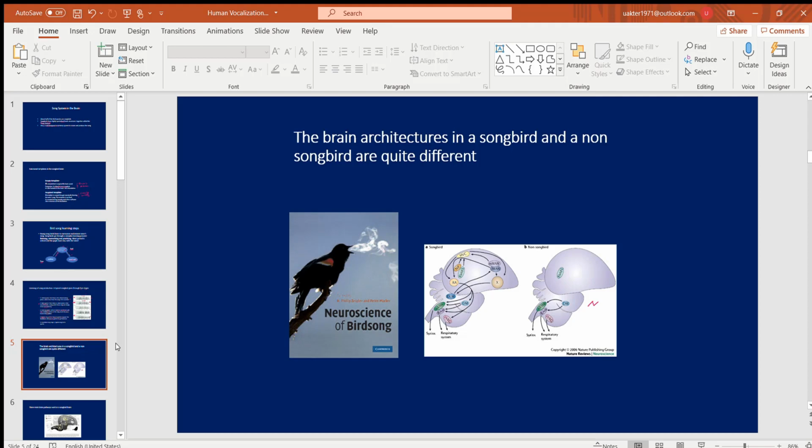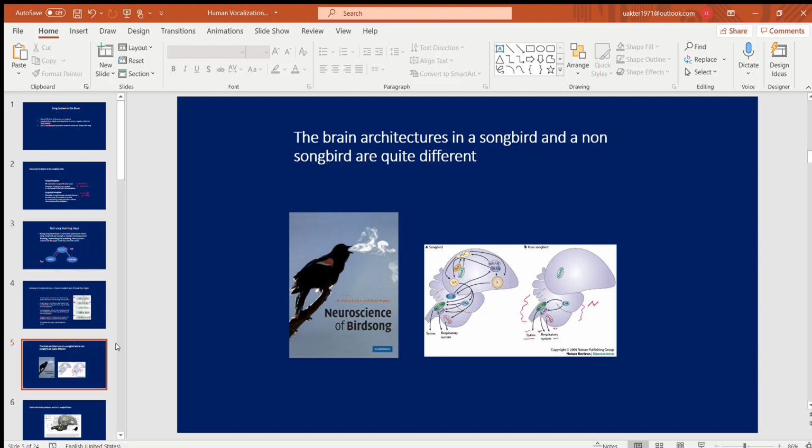If you see in general a songbird's brain and a non-songbird's brain, it is very interesting. This is a non-songbird's brain, only a few structures, right? Most of those are in the lower brain parts, mainly the vocal center, and from there the output goes to the respiratory muscles and syrinx. Syrinx is the respiratory organ, which is highly capable of producing many different notes in a short period of time. Our lung cannot do that.